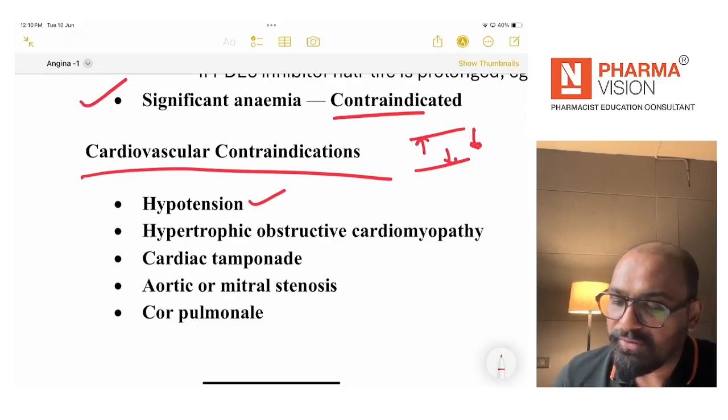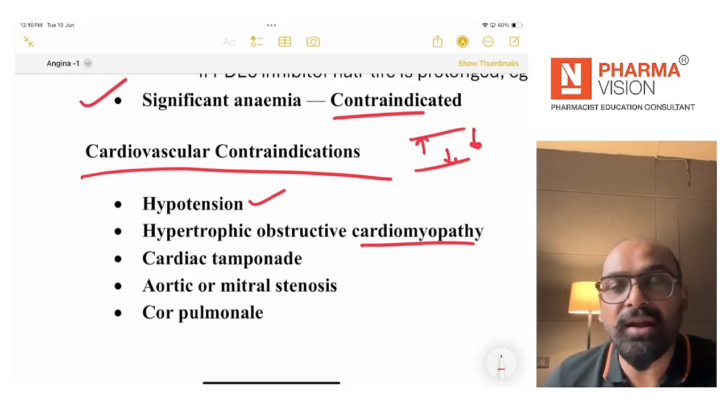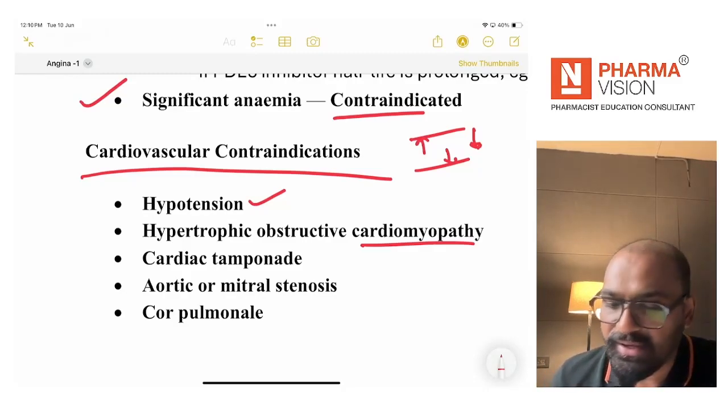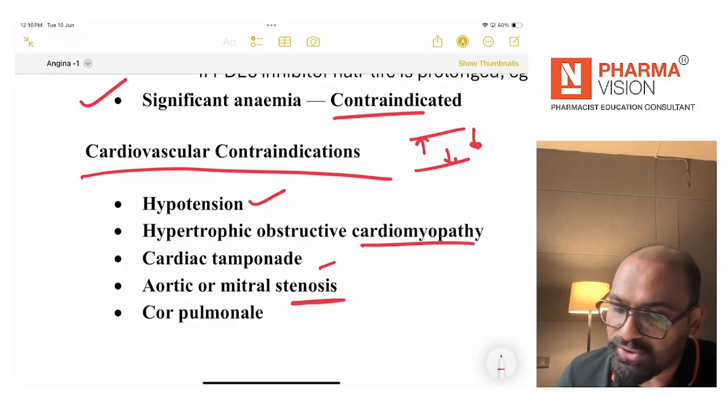Hypertrophic obstructive cardiomyopathy. Okay, so obstruction or any kind of structural damage or structural change, in that situation this medication doesn't help. Okay, then cardiac tamponade, stenosis means the blockage.